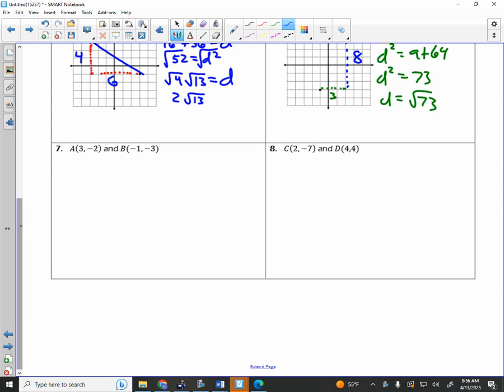I'll write down the formula for you. Distance is equal to the square root of x sub 2 minus x sub 1 quantity squared, y sub 2 minus y sub 1 quantity squared. Like that.